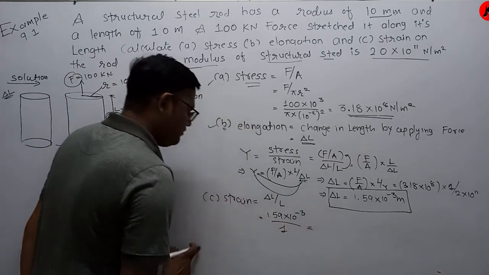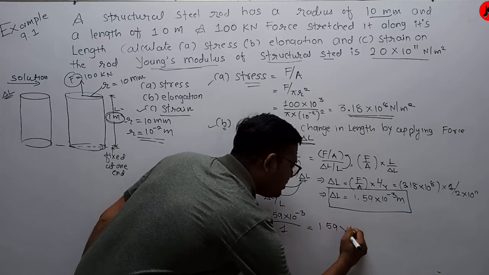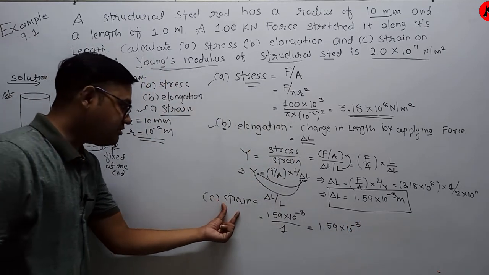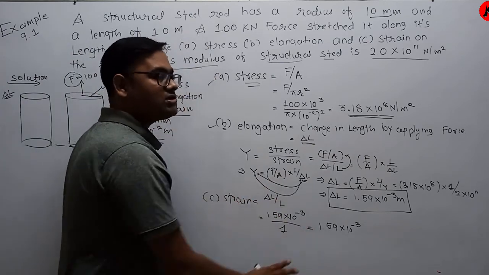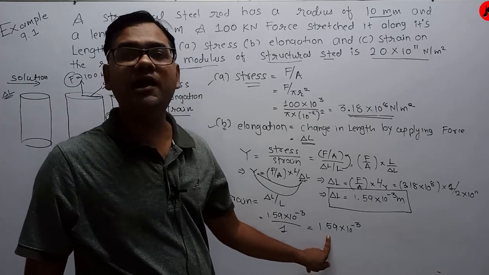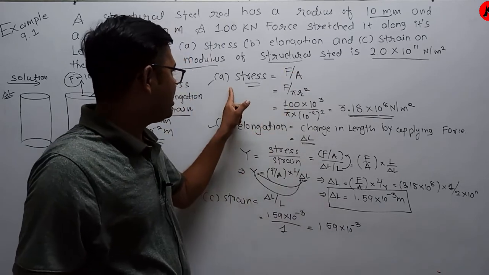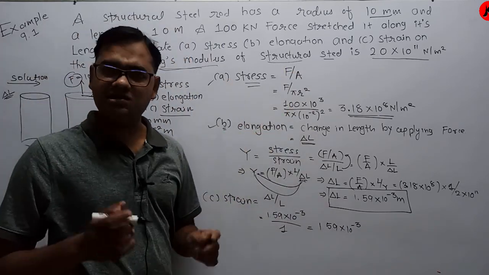Finally we get the value of strain, which is 1.59 into 10 raised to minus 3. Strain is a unitless quantity, keep that in mind. In this way you can calculate the stress, elongation and strain.